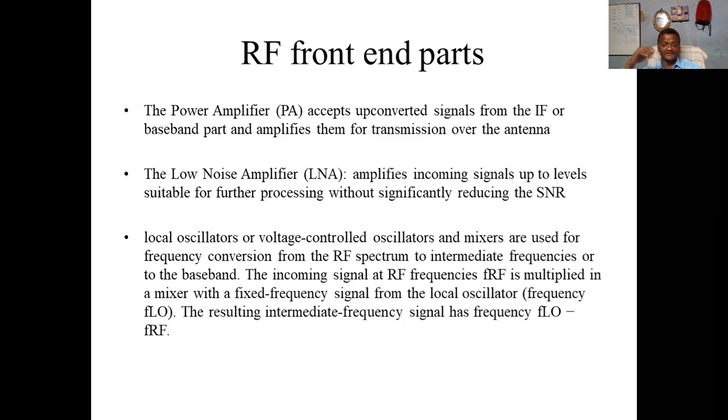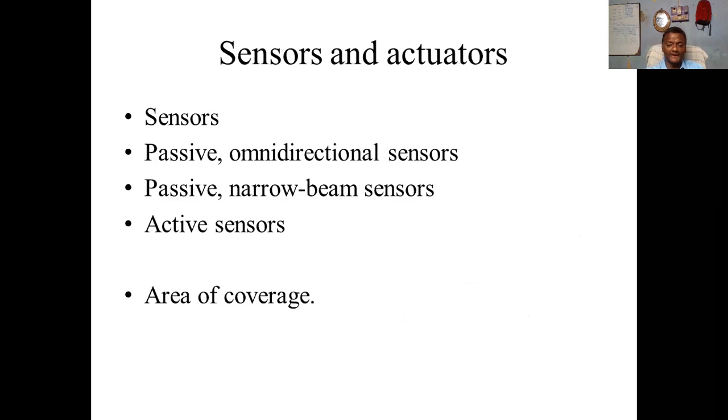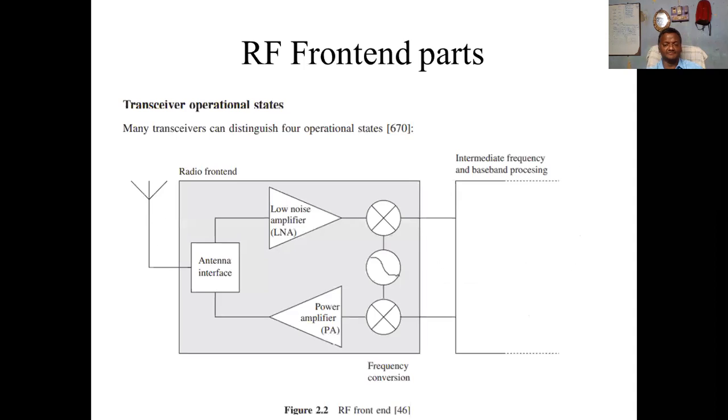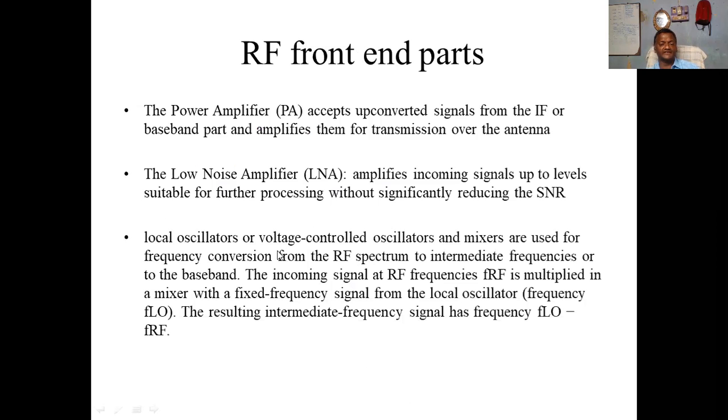Right. So let us take this, which is called a local oscillator. I can show you in the diagram. This is the local oscillator. Then what is the purpose of this? See this. Local oscillators or voltage controlled oscillator mixers are used for frequency conversion, from the RF spectrum to intermediate frequencies or the baseband.